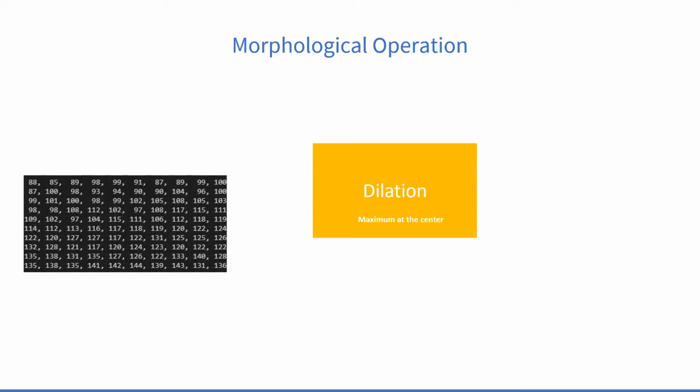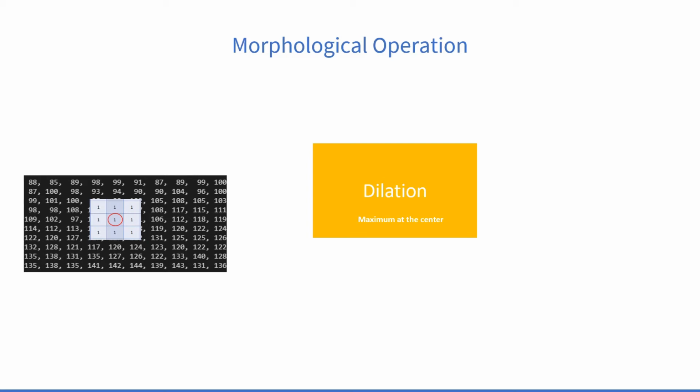Let's take a grayscale image. This is one of the grayscale images, and we are seeing the numbers of the grayscale image. In dilation we need a kernel. This small 3x3 matrix of ones, we call it a kernel.